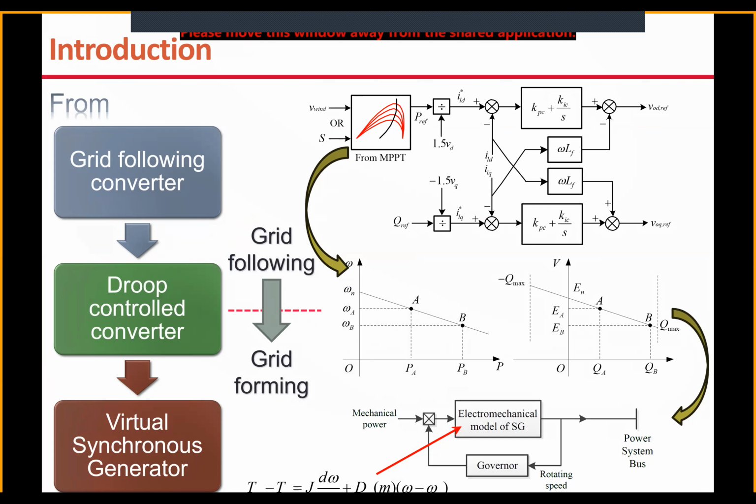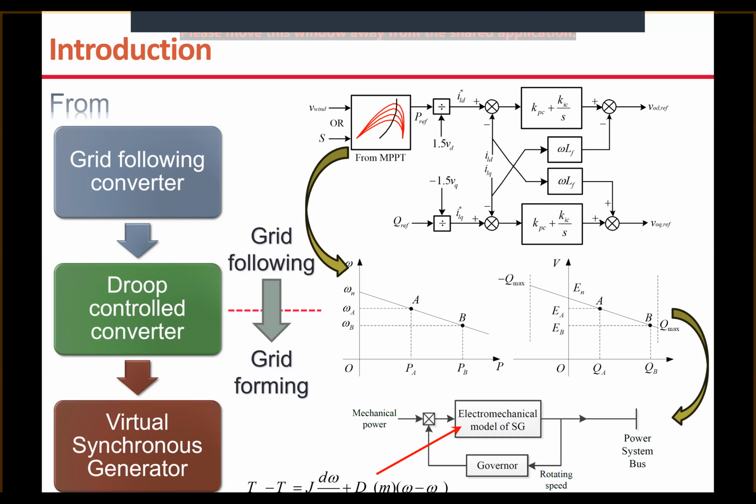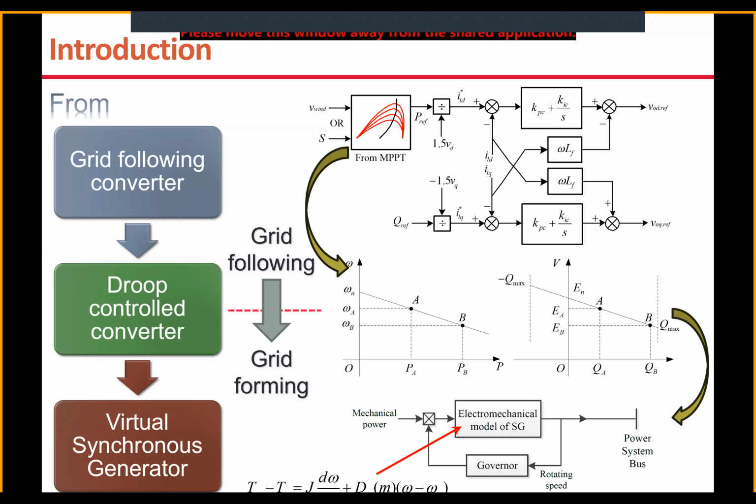In grid following control, typically we use MPPT control to extract the most wind power available, right? But we follow whatever grid voltage and grid frequency is at the point of common coupling, PCC. And the wind turbine does not contribute to the grid voltage regulation.